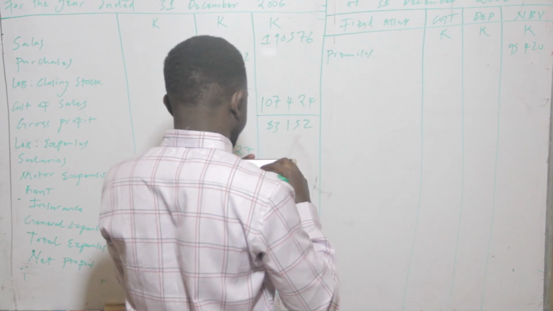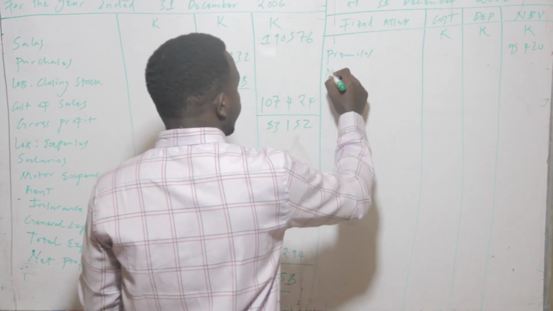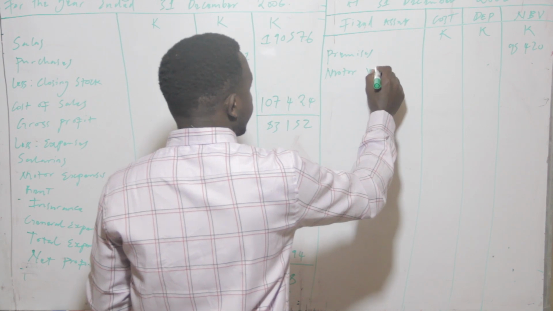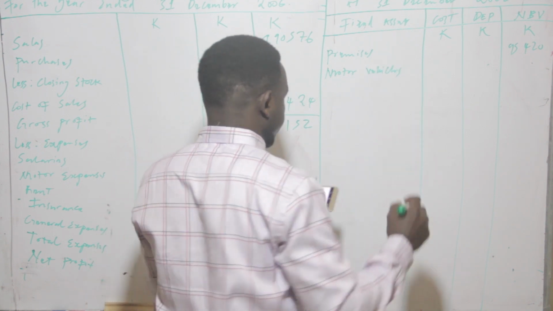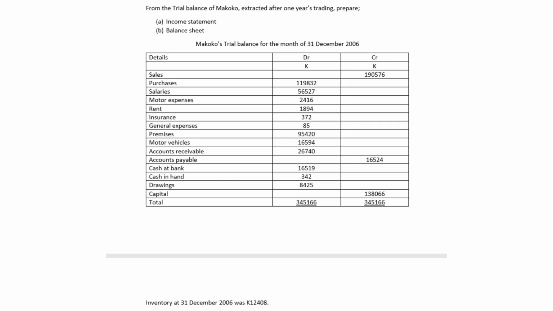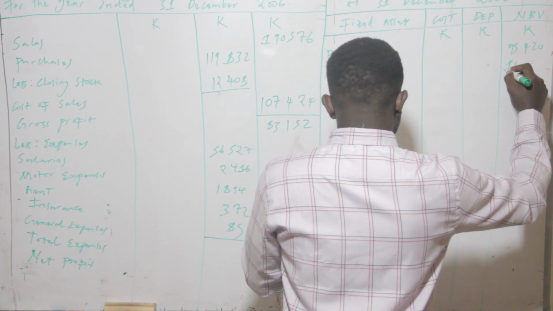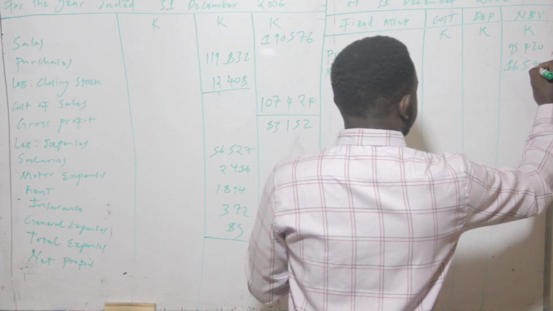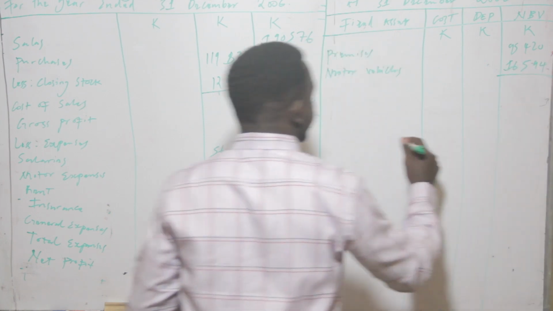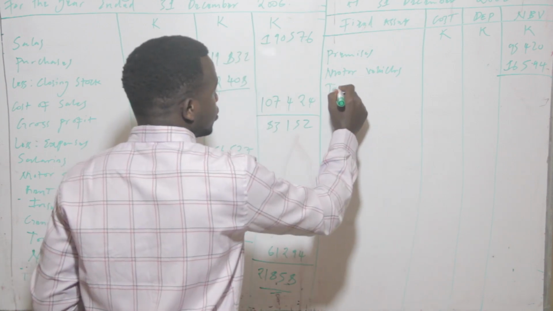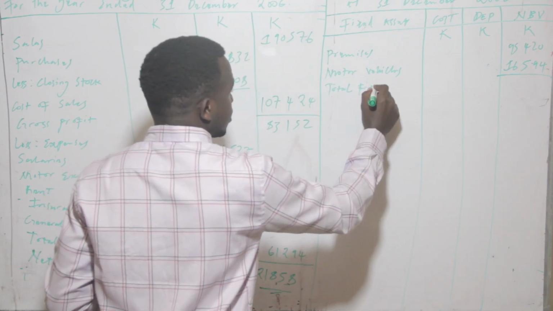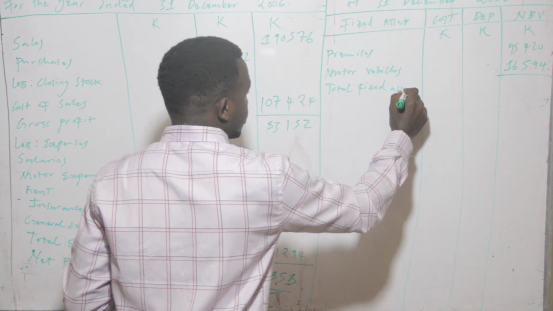Then we have motor vehicles amounting to 16,594. So we can find the total there. So we can say total fixed assets.